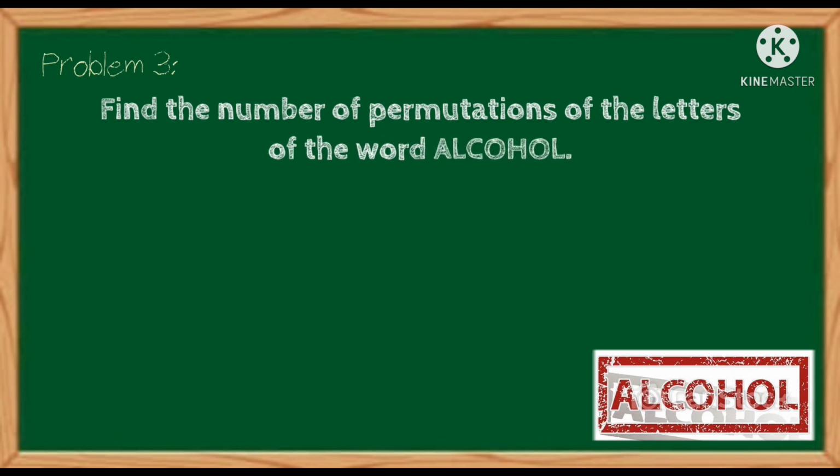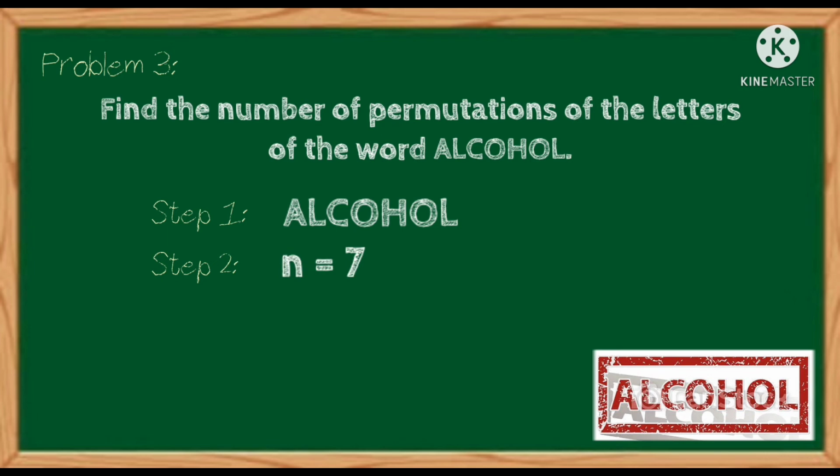Now, let's apply the steps of distinguishable permutation. First, the objects to be arranged are the letters of the word alcohol. Second, there are 7 letters in the word alcohol, so our n is equal to 7. Third, there are 2 of L and 2 of O, so we have our p is equal to 2 and our q is equal to 2.